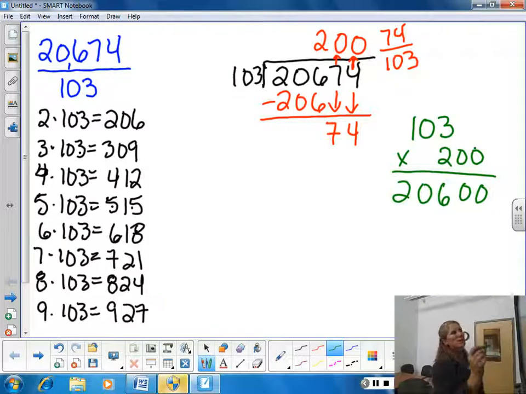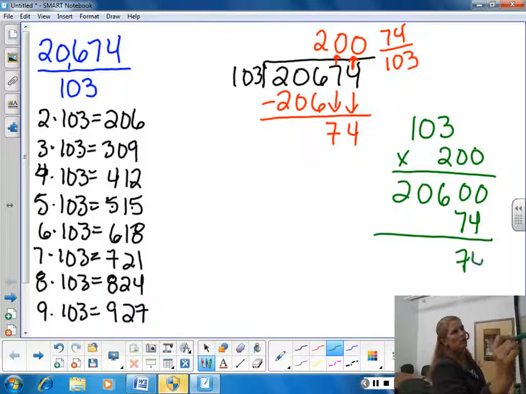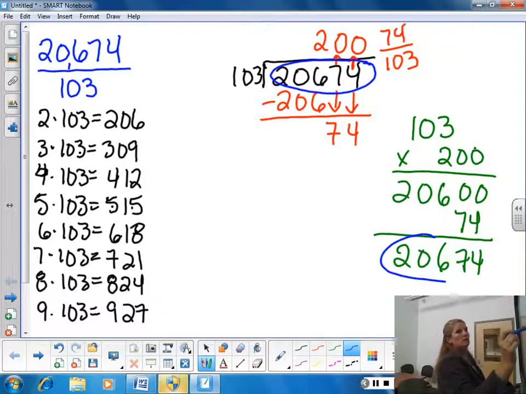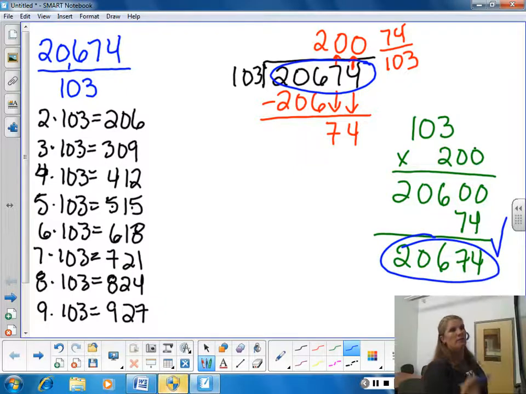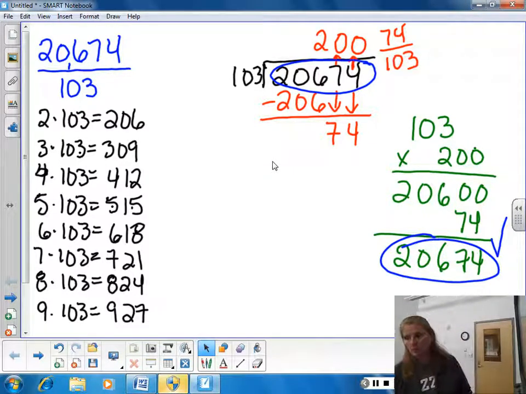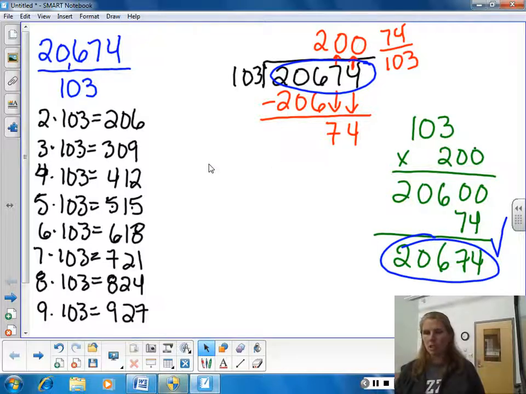Then I'm going to add on my remainder, which was 74. And that is my dividend. And so I know that I got that right with my check. 200 and 74 over 103. I did do that so we would encounter zeros, because you do get zeros in your answers. So be ready for that.